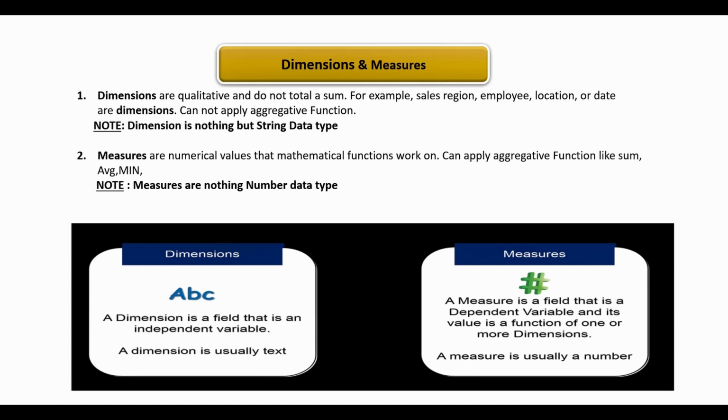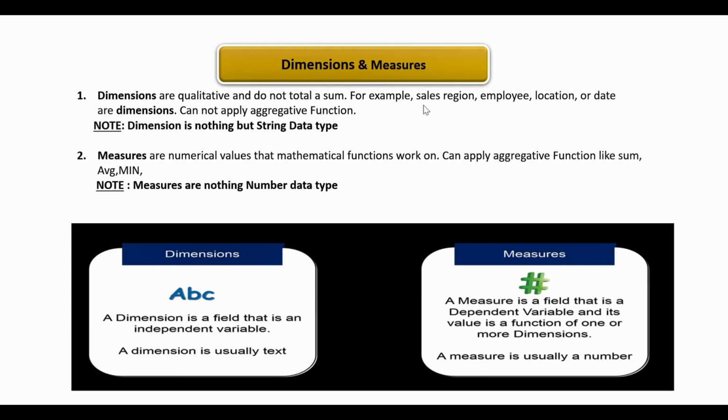You can take any, suppose you choose state name, city name, category, subcategory, whatever you're looking at in text format, string format, that is a dimension. The examples I just mentioned are sales region, employee location, date.